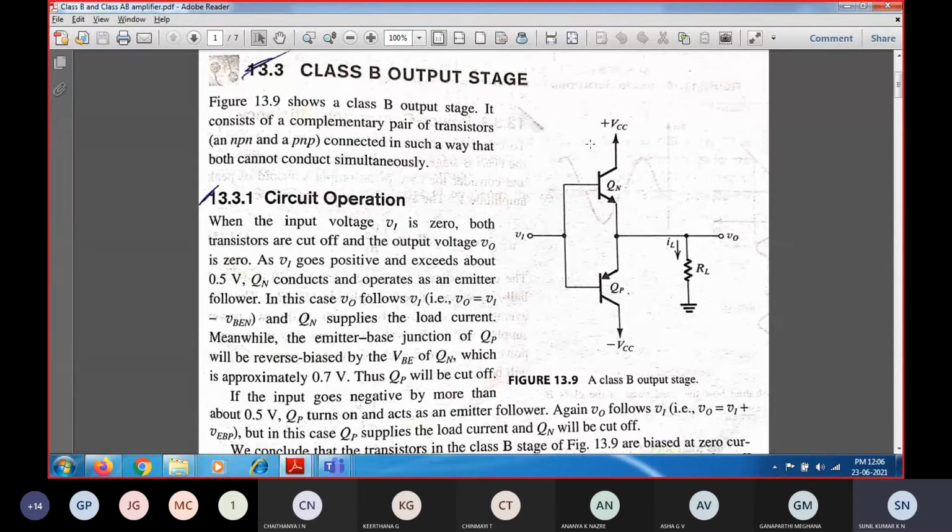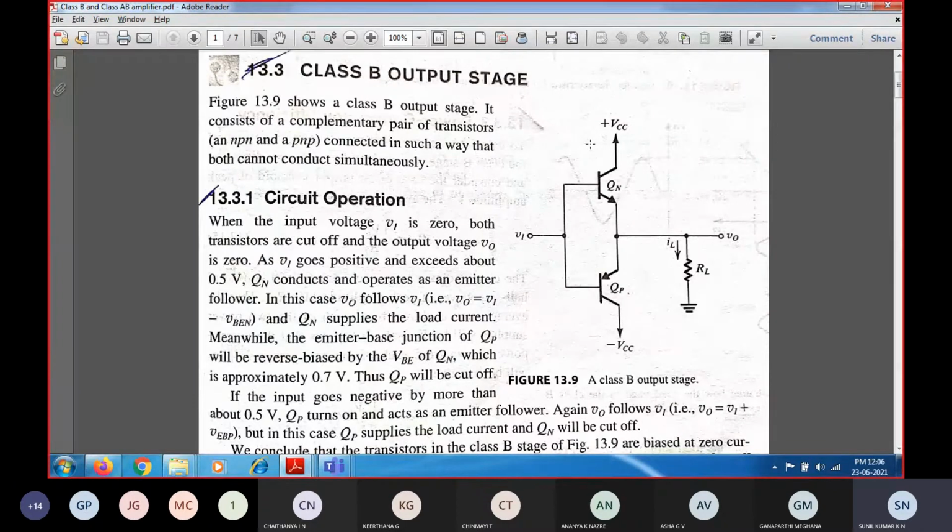So because of that, the operating angle of a class B power amplifier is only 180 degrees. In order to get the complete output, we need to consider another amplifier, which works with the negative half cycle.